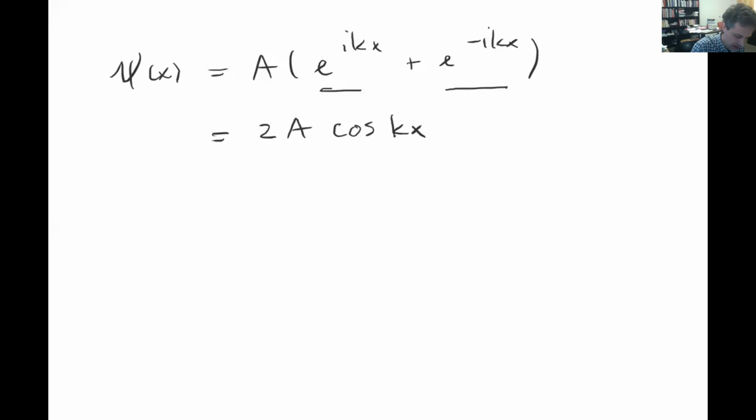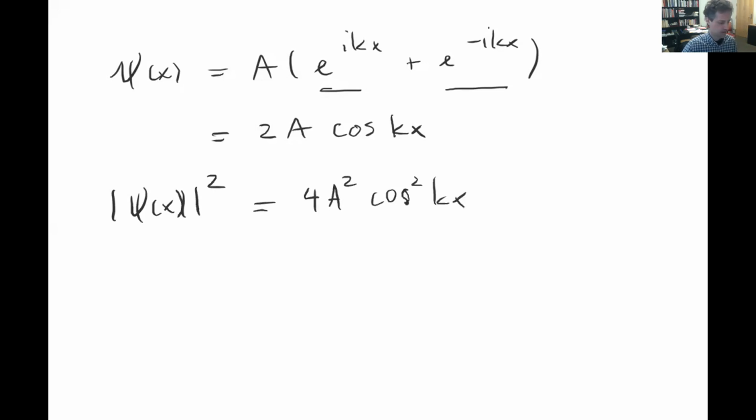If I now ask myself, where is the electron? What's the probability distribution of the electron? That means I have to calculate the probability density, which is the square modulus of the total wave function. Then what I find is the square of this thing, which is 4a squared cosine squared kx. What does that mean?